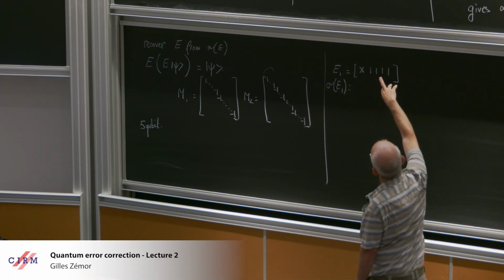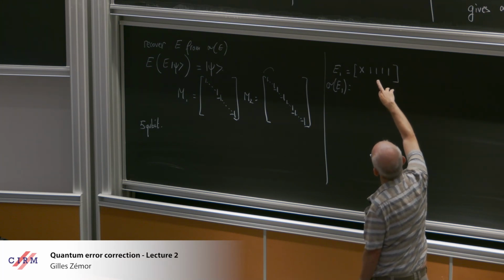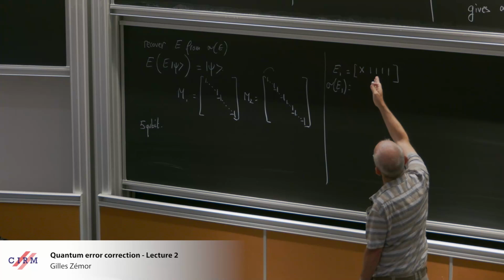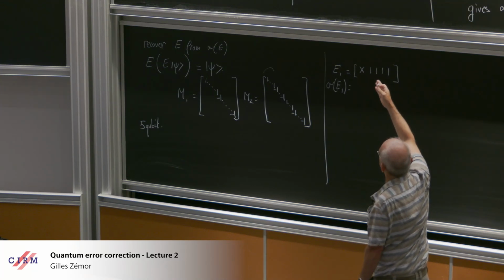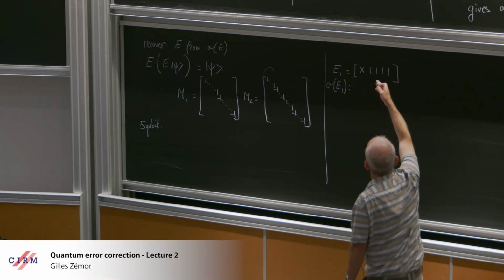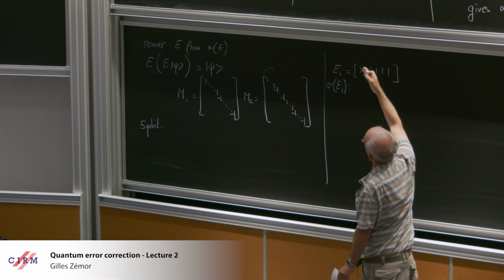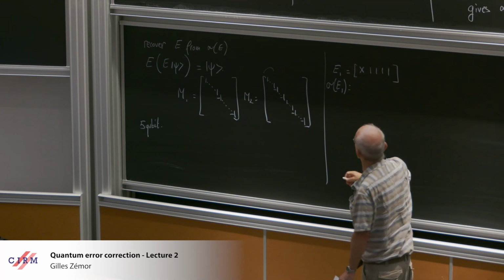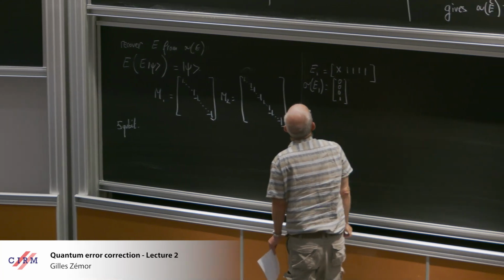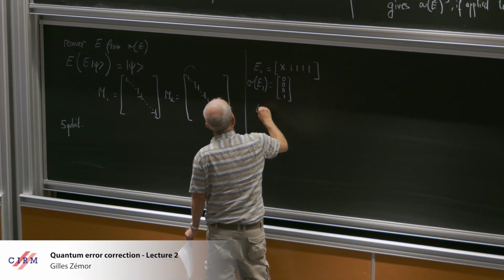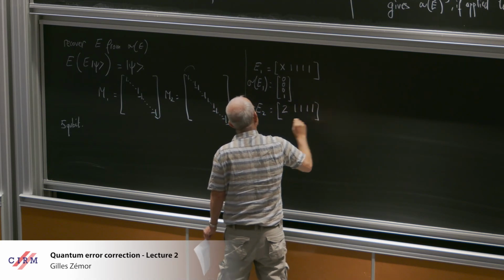Well, we apply those four operators, so we see that E1 commutes with the first generator on the first qubit because X commutes with X. It commutes with the second generator because X commutes with identity. It commutes with the third generator, and it anti-commutes with the fourth generator because X anti-commutes with Z. So we get 0, 0, 0, 1.